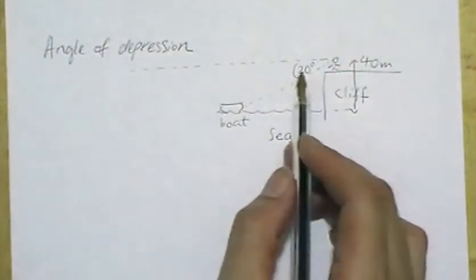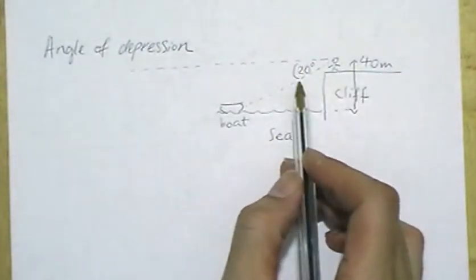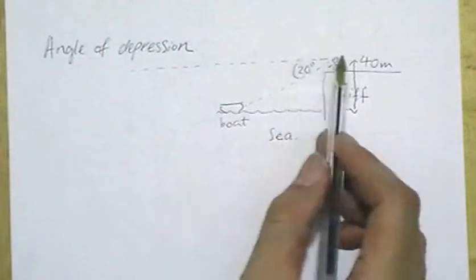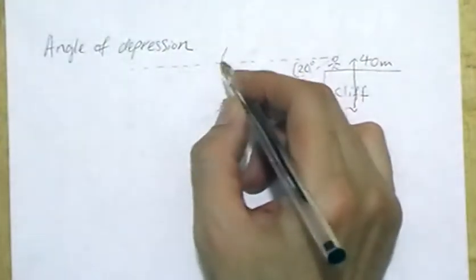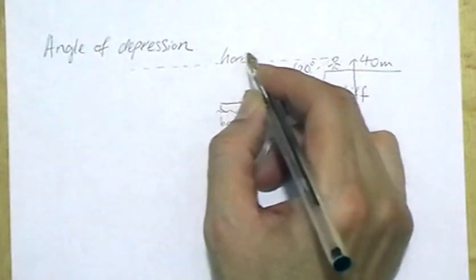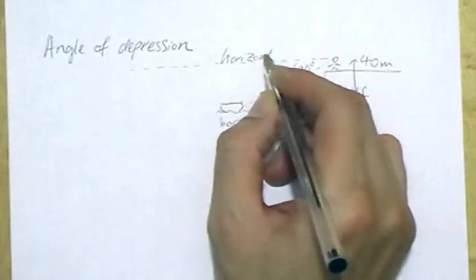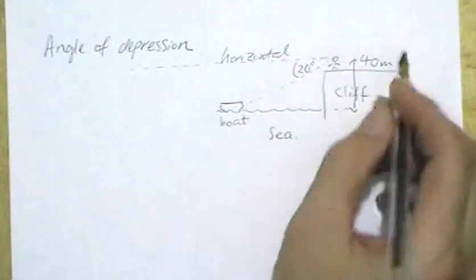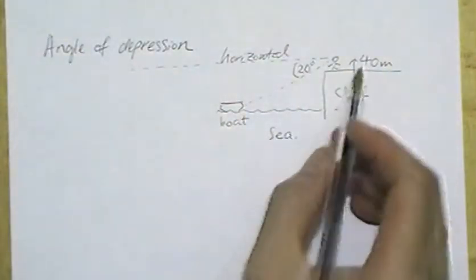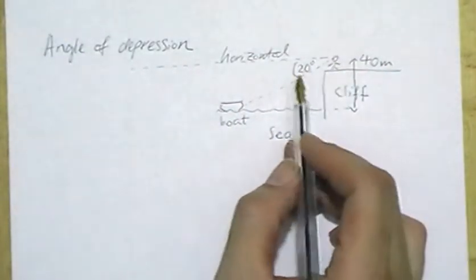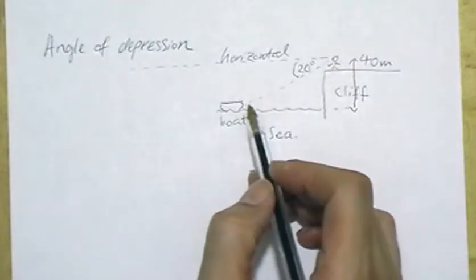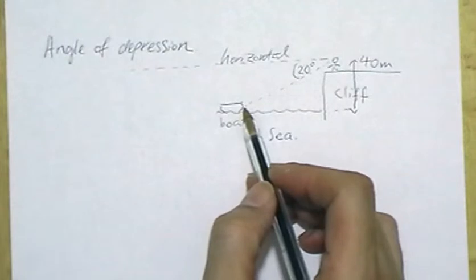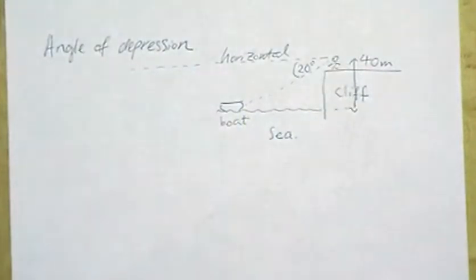So that's what it means by angle of depression. It's the angle that you have to look down from the horizontal. So for this person, 20 degrees is then the angle of depression of the boat from his point of view.